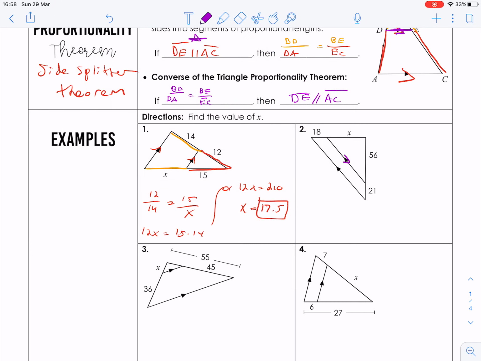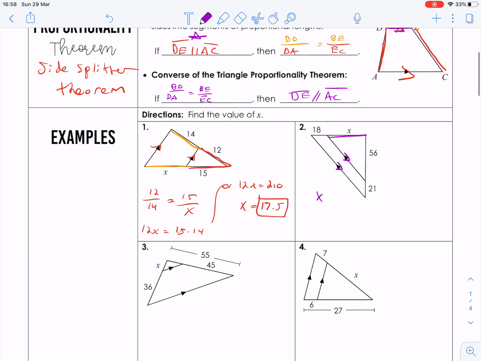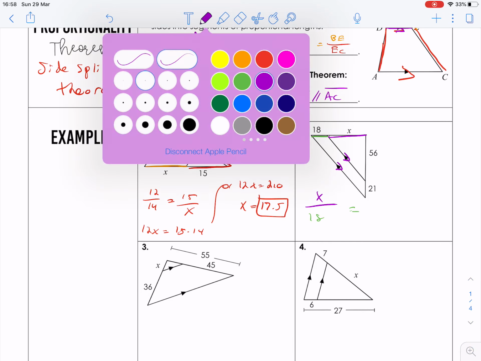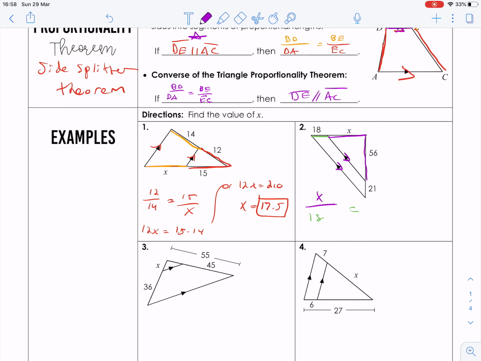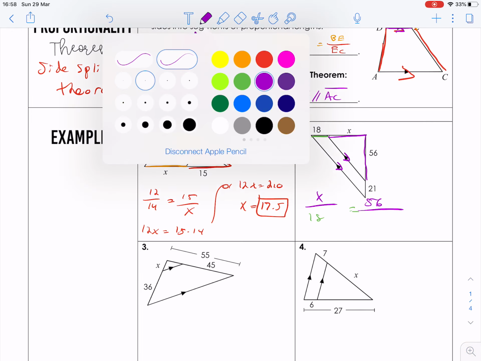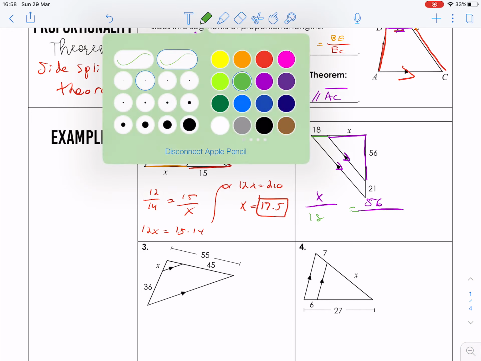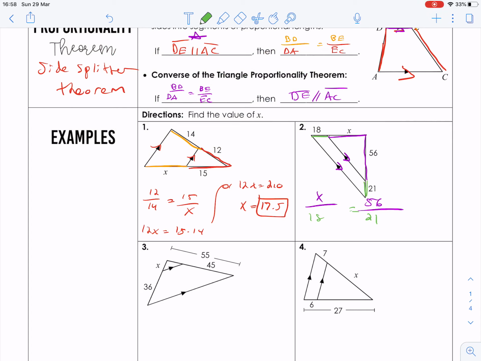Let's take this one. We know the bases of these two triangles are parallel, so we can say x divided by 18 equals 56 divided by 21. We could have gone the other way too.